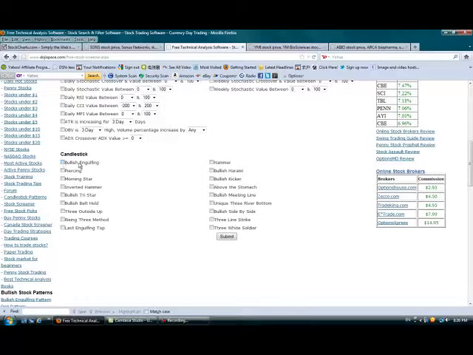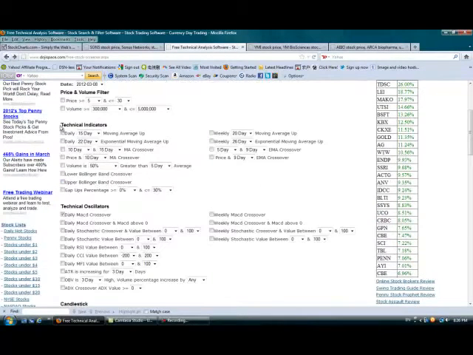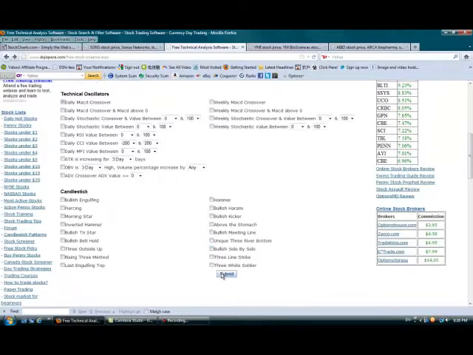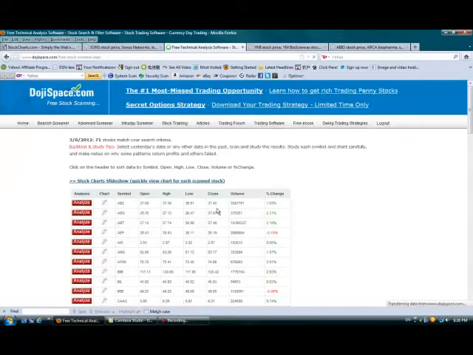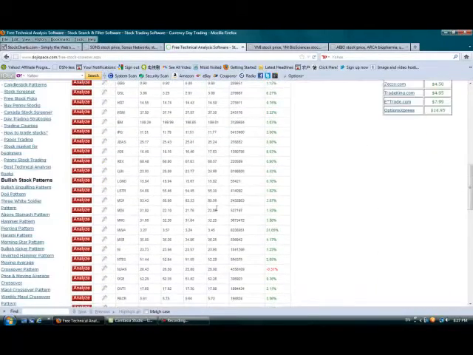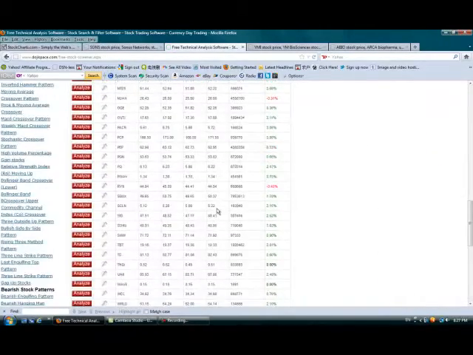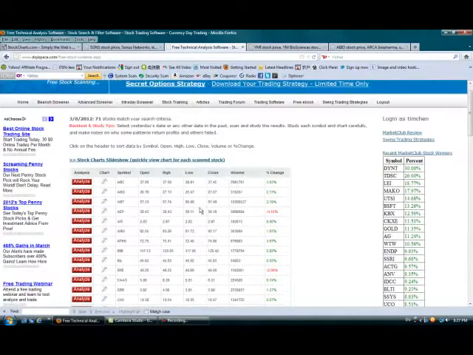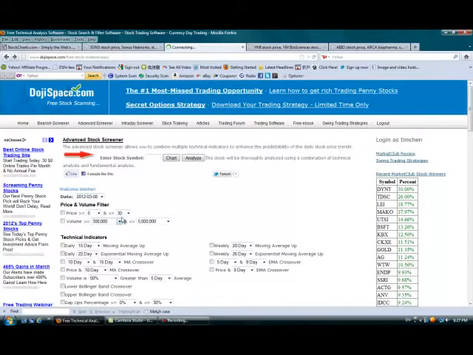Let's unselect the bullish engulfing and still leave the MACD crossover checked, and then let's see if there are any stocks that are making a MACD crossover. Okay, so we have a bunch of stocks. You can also narrow down the search. For example, if you don't trade stocks below $5, you can set the stock price here.